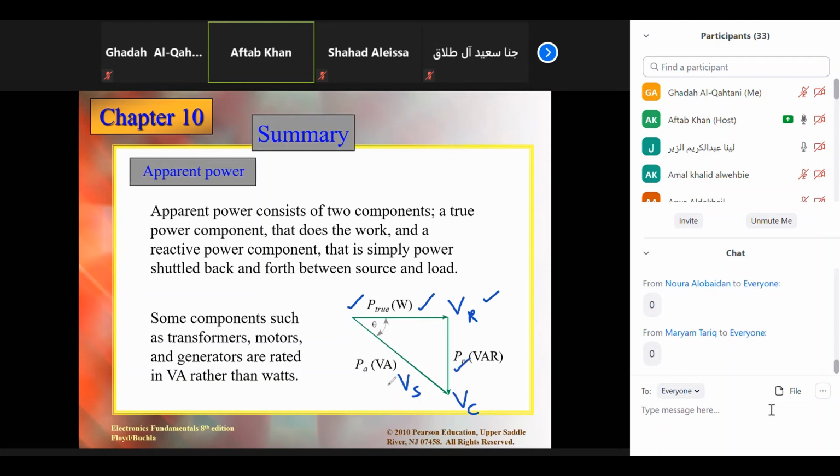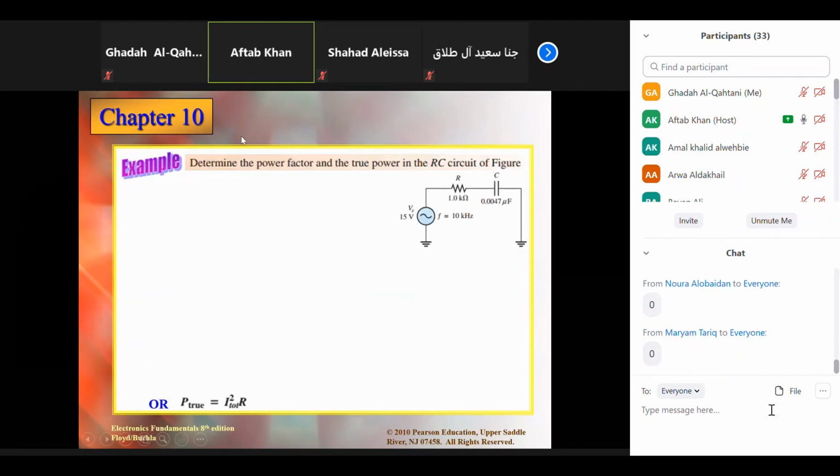This is the overall voltage, so here we have apparent power, with these units. And this is theta, which we know: the angle between true power and apparent power. So apparent power is something which can be calculated. Or see this question: determine the power factor and the true power.